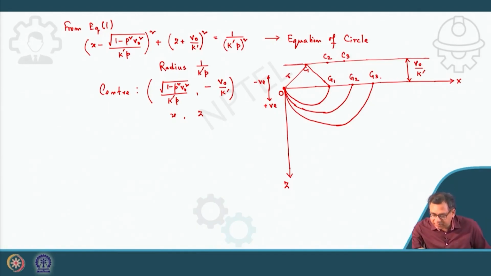And this will be the radius R. For this C2 circle, this will be the radius. This is R1, this is R2, this is R3. Though they are not drawn to scale, you can see R1, R2, R3 are not constant, they are changing, and this equation also shows that, because there is a p term, which is a ray parameter.